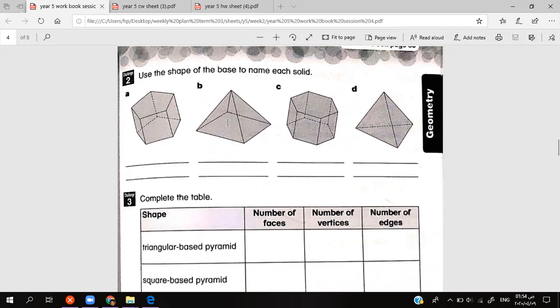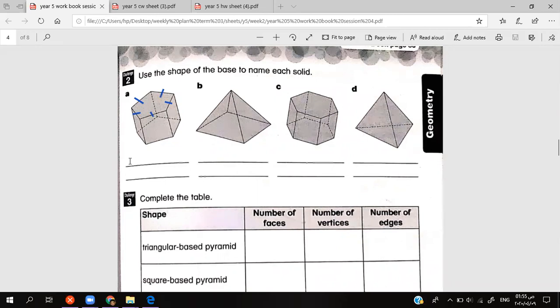What does that mean? I said that the name of the pyramid or the prism depends on its base. Okay, let's count. How many sides? 1, 2, 3, 4, 5. 5 means pentagon.